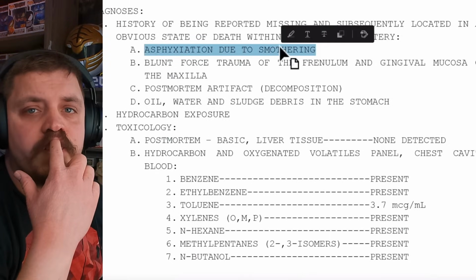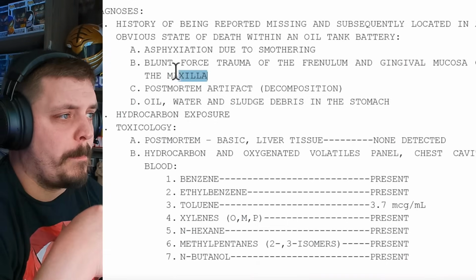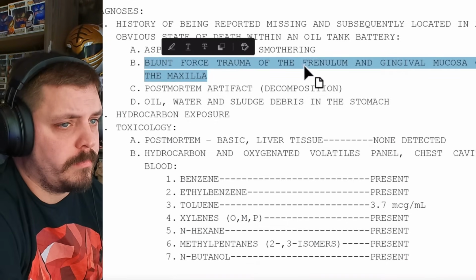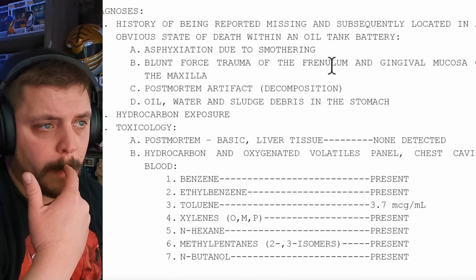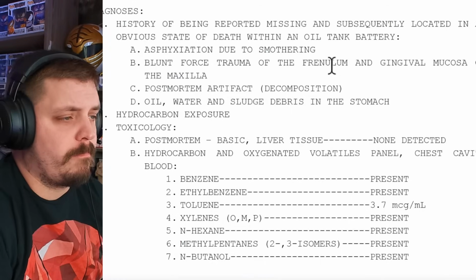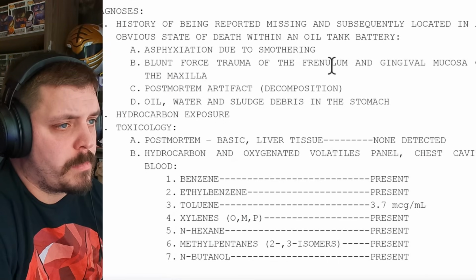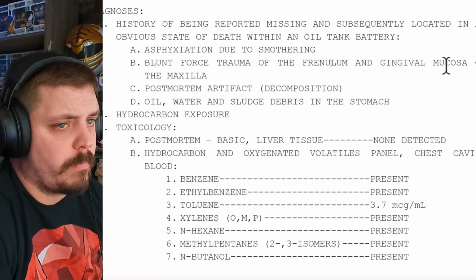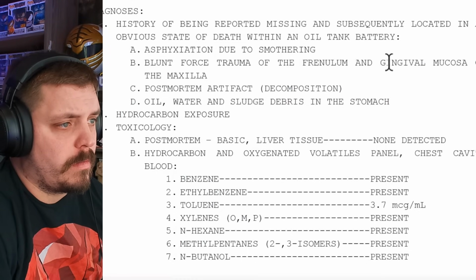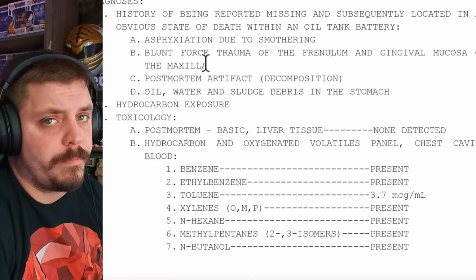Her thing right here was also broke. Apparent blunt force trauma of the frenulum, which is the little bit of skin that is in between the lip and the teeth, and the gingival mucosa is the gum area in the jaw, the maxilla.